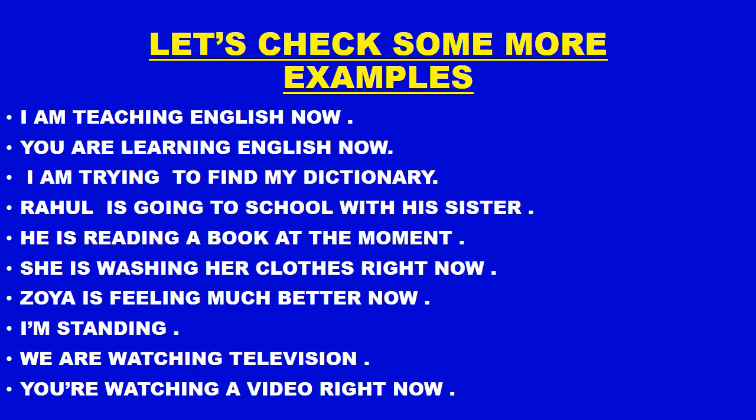You're watching a video right now. Again, this is a contraction of you are. So, I've written in a contracted form what we use when we speak fast. So it comes, you're watching a video right now.